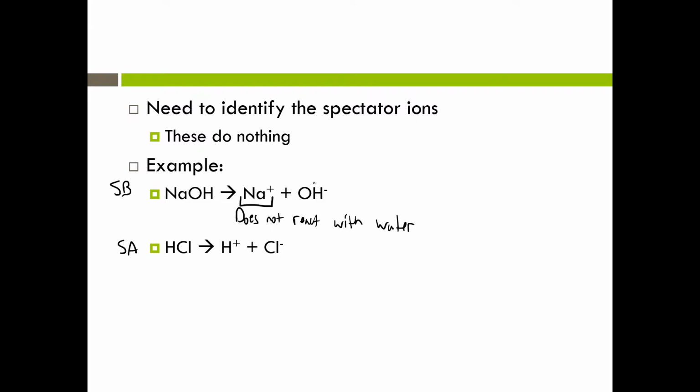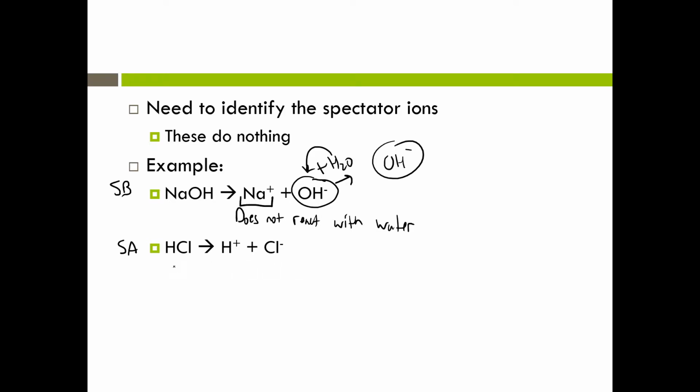And this one does react with water because it will strip a hydrogen from the water and force the water molecule to become OH minus. It doesn't actually change much because you still end up with a hydroxide, but that's what the hydroxide ion does. It'll strip one of the hydrogens straight off of the water and become this.